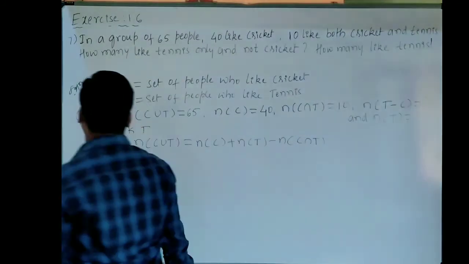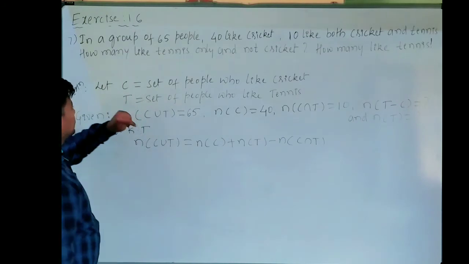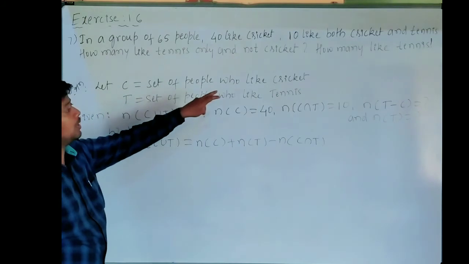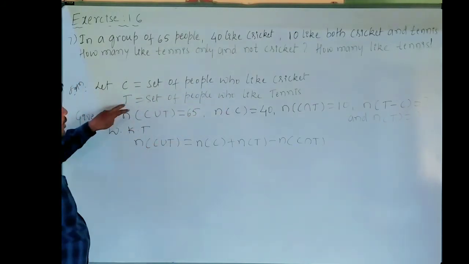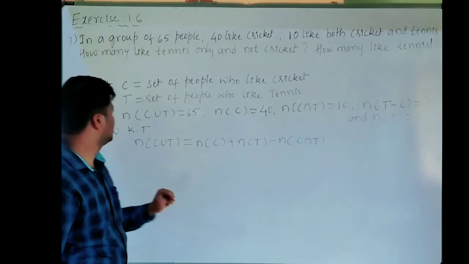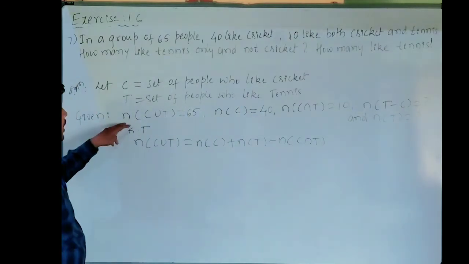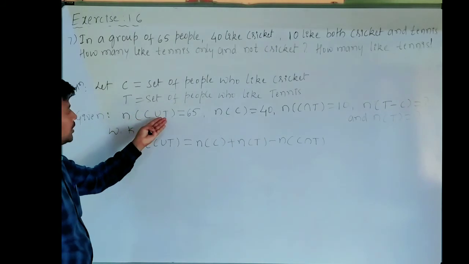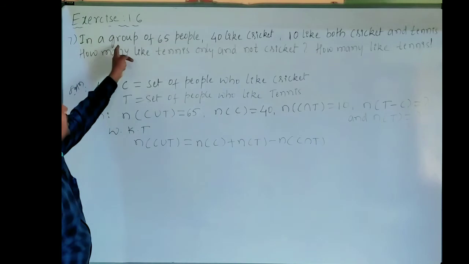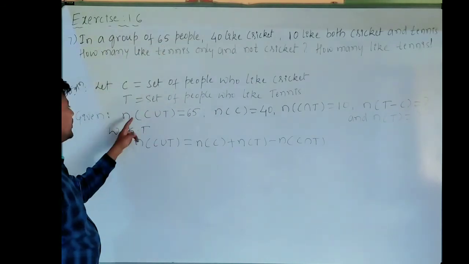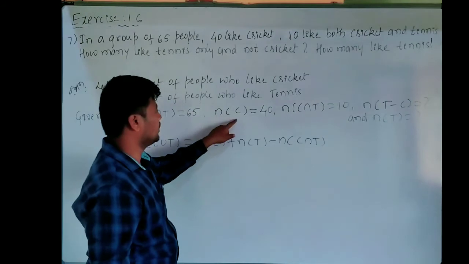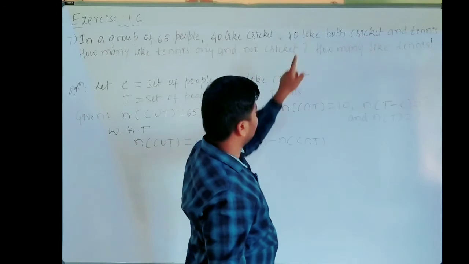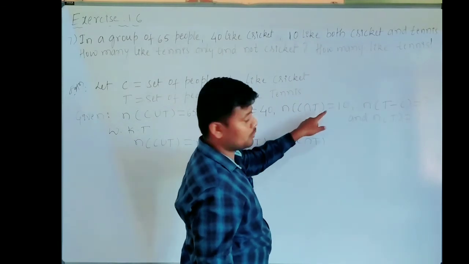First we have to define the set of people who like cricket. Let set C denote the set of people who like cricket and set T denote the set of people who like tennis. Given: the number of people who like cricket or tennis equals the total group, so n of C union T equals 65. n of C equals 40. Those who like both are 10, so n of C intersection T equals 10.